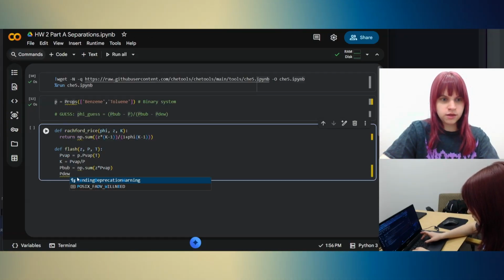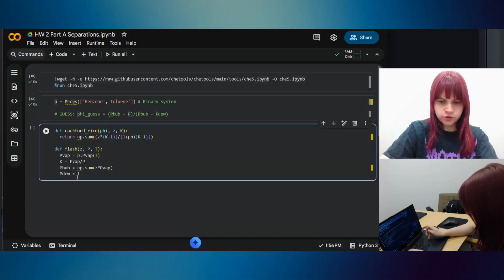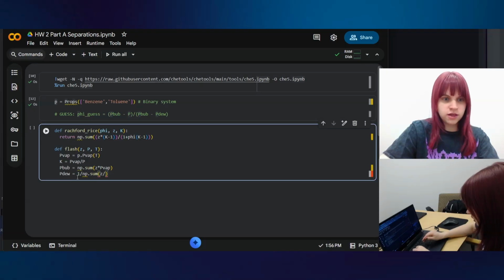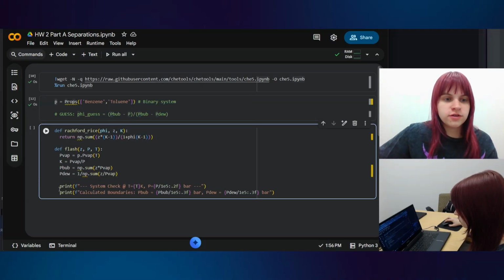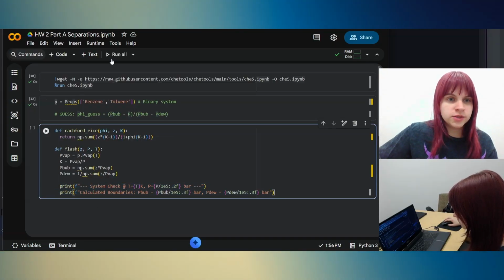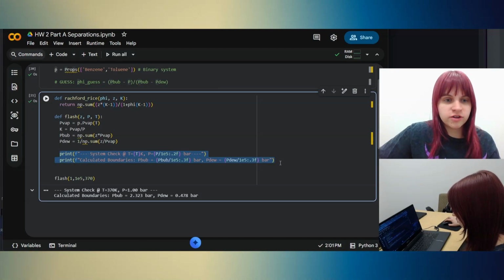And the dew pressure is equal to 1 divided by the summation of z divided by the vapor pressure. I just referenced something really quick to type this in, but basically it is a quick check.